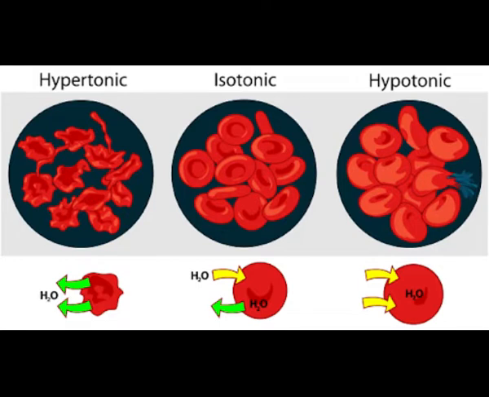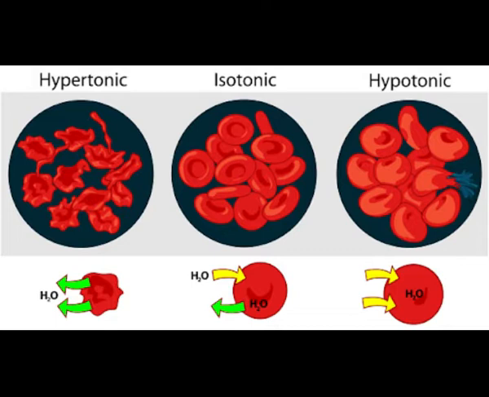What is isotonic actually? Iso means the same and tonic means concentration. Iso means same concentration on both sides. The relative concentration of water molecules and the solute on either side of the cell membrane is the same. In such a solution, there is no net movement of water molecules across the cell membrane. So, there will be no osmosis if the solution is isotonic.